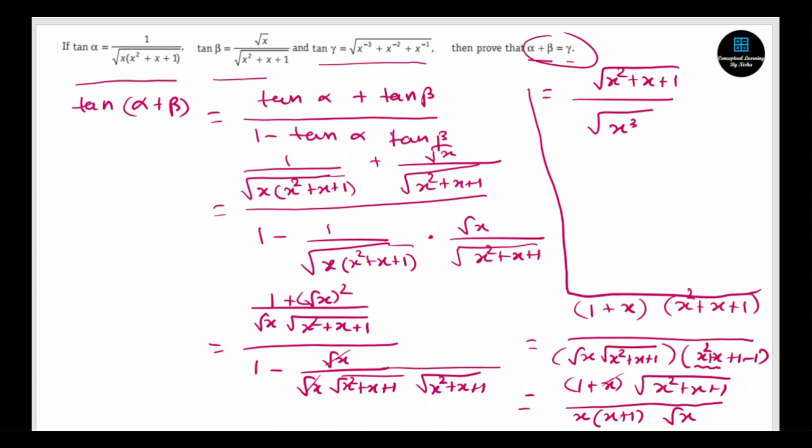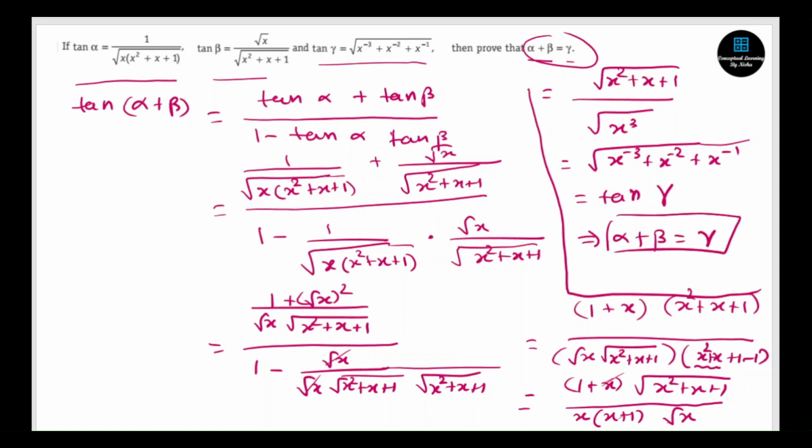So I can write this as square root of x to the power minus 3 plus x to the power minus 2 plus x to the power minus 1, which is nothing but tan gamma value. So now tan alpha plus beta equals tan gamma. So this implies that alpha plus beta equals gamma. Hence we proved it. Alright. So do it very carefully because it is really complicated.